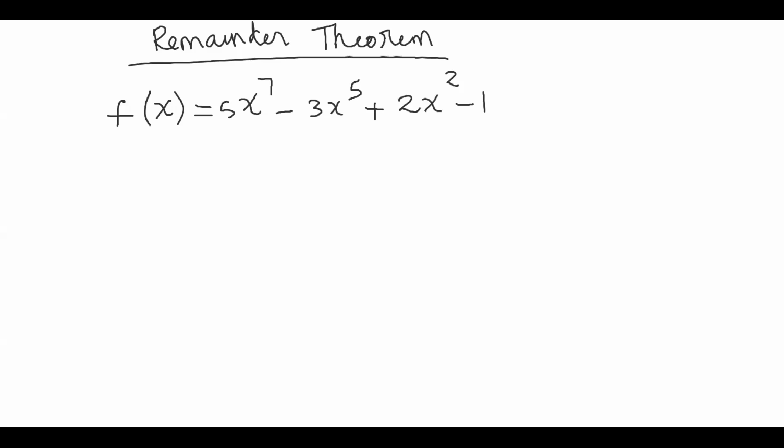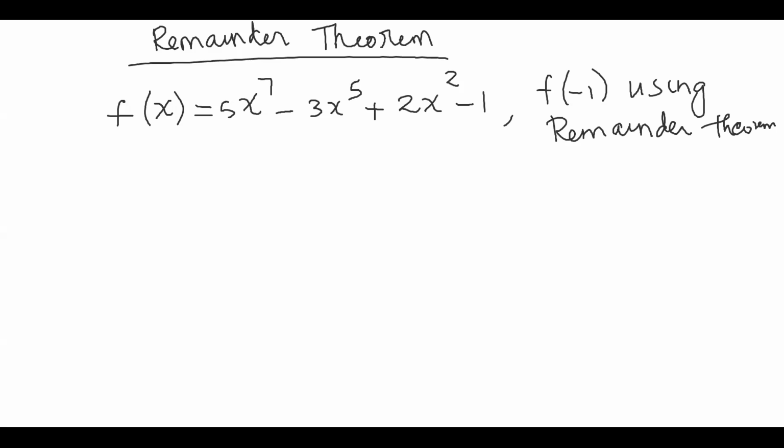Now we have to find f of negative 1 using remainder theorem. I'll tell you what remainder theorem means. When I solve the problem, it's going to be easy. For the remainder theorem, we are going to use only the synthetic division.